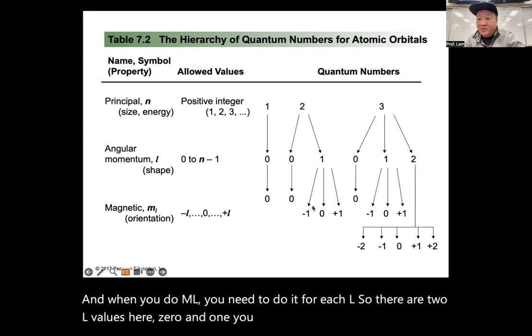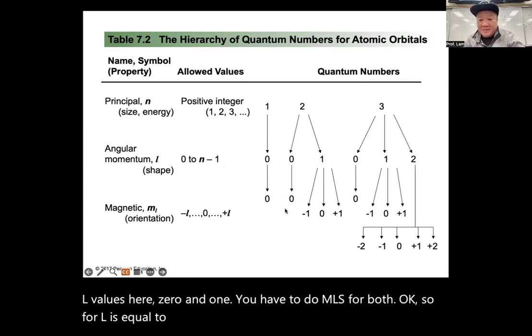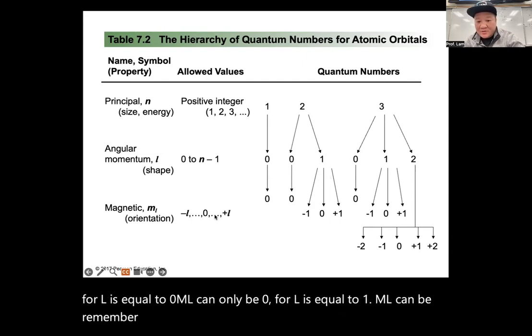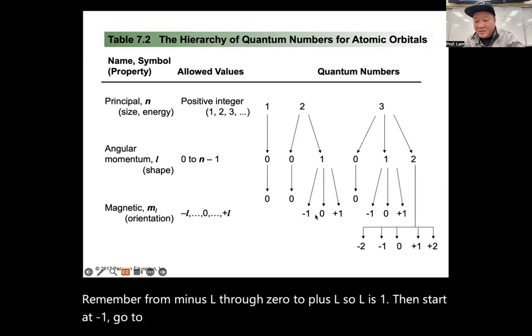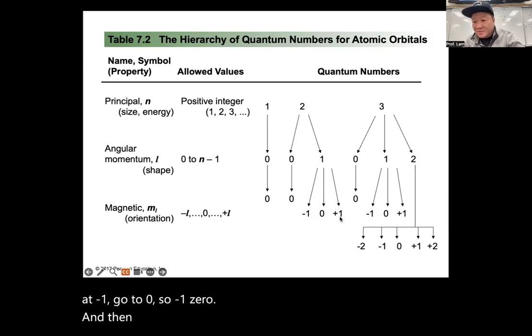You have to do m sub L for both, okay? So for L equal to 0, m sub L can only be 0. For L equal to 1, m sub L can be, remember, from minus L through 0 to plus L. So if L is 1, then start at minus 1. Go to 0, so minus 1, 0. And then the maximum is plus 1, right?